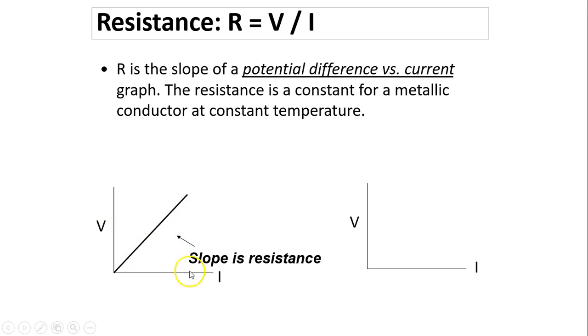This slope is the resistance. With V and I like this, it is called an ohmic material. If the line is not straight, it is called a non-ohmic material. Sometimes it can go up like this, sometimes it can go up like that. If the line is curved, it's a non-ohmic material.